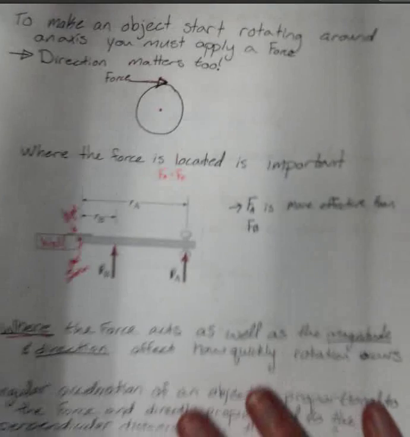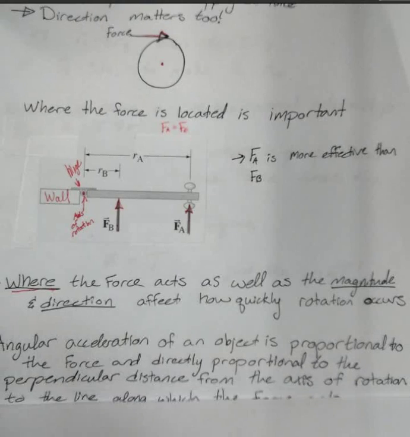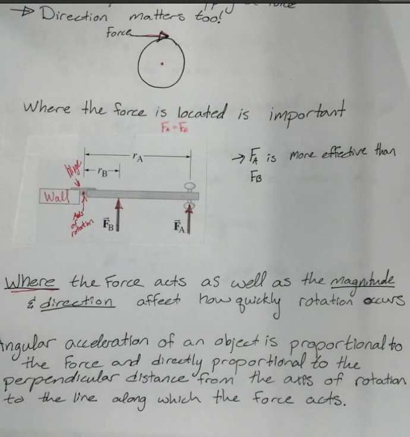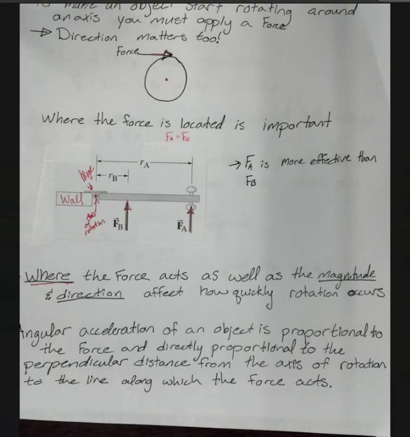So we're going to have a little bit of a truth, and we can confirm this and show it experimentally, and we've got some previous experience in our life that also tells us this is true, and that is that the angular acceleration of an object is going to be proportional to the force. You apply more force, it's going to rotate more quickly.